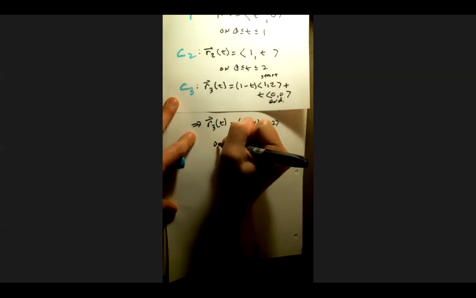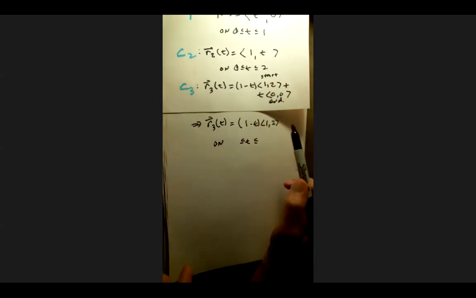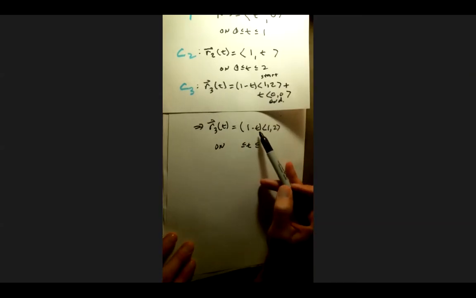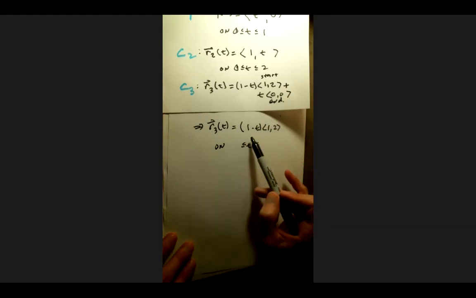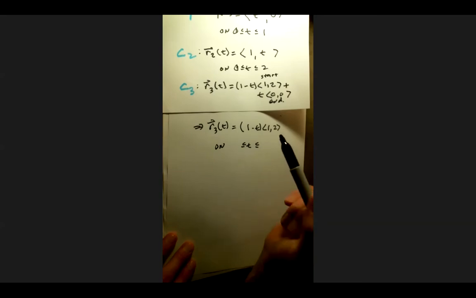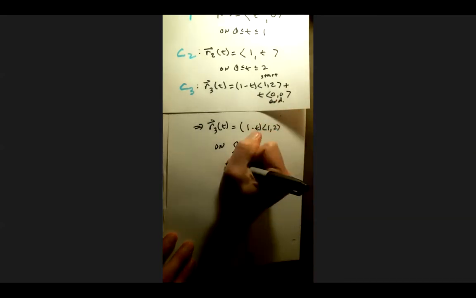And this would be on which t values? Let's check it out. If t equals 0, what does this expression evaluate to? 1, 2. So t equals 0 would be the starting point.